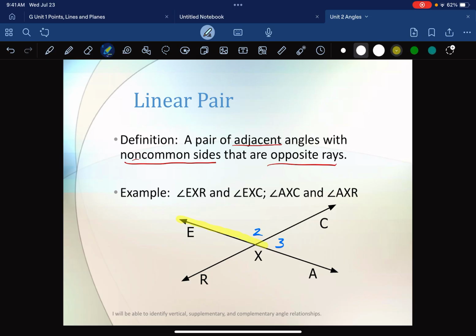Right here, this is their non-common side, and here's their common side. And 3 and 4 form a linear pair. Here's their non-common side, and here's their common side.